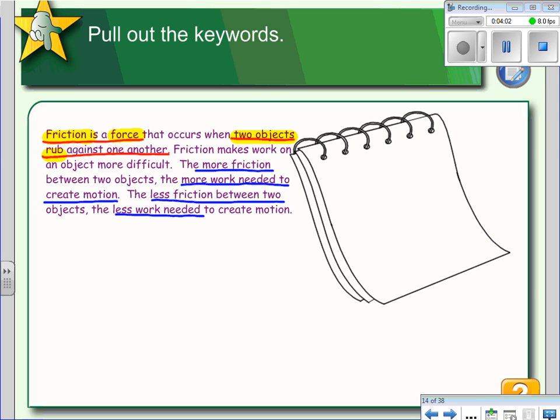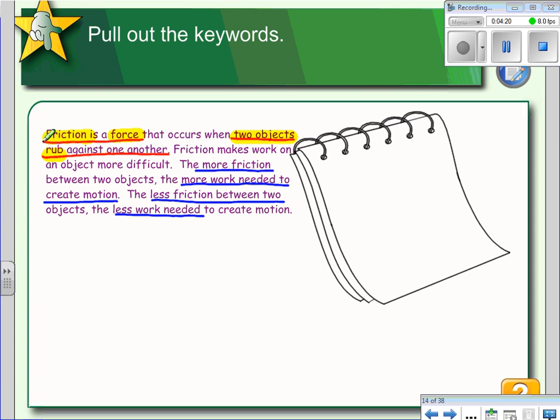So if we tried to drive a little toy car on the carpet, we try and push it, we would need a lot more force to push that car than if we rolled it across the smooth floor in our classroom.